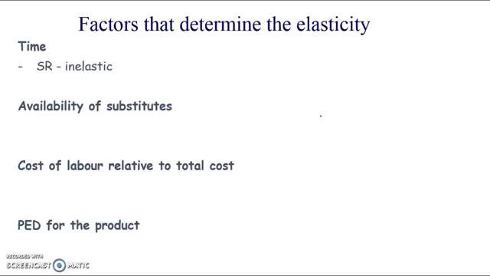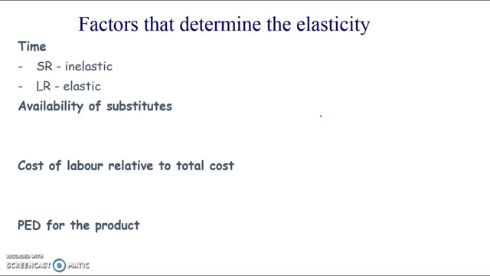So if the price of labour increases, so the wage rate goes up, in the short run there's probably not much they can do about it, especially with employment laws. You can't just get rid of employees, whereas in the long run they might find it more cost effective to invest in automation or machinery that can be substituted for labour.